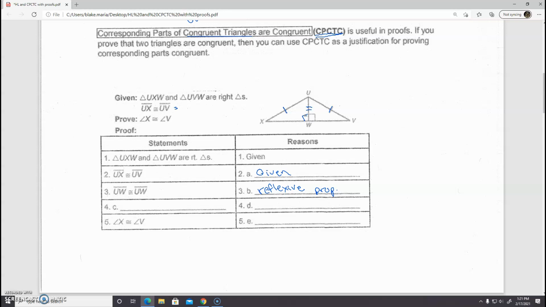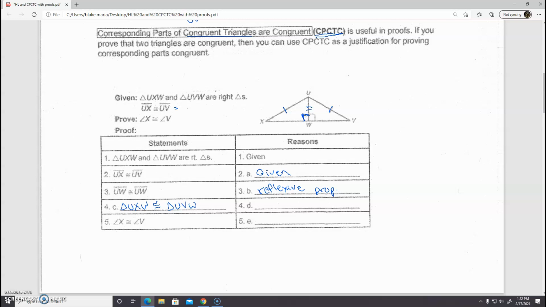All right, so let's look in our picture, because the next step's blank. Remember, you wanted to prove the two triangles are congruent, so we're going to say triangle UXW is congruent to triangle UVW.